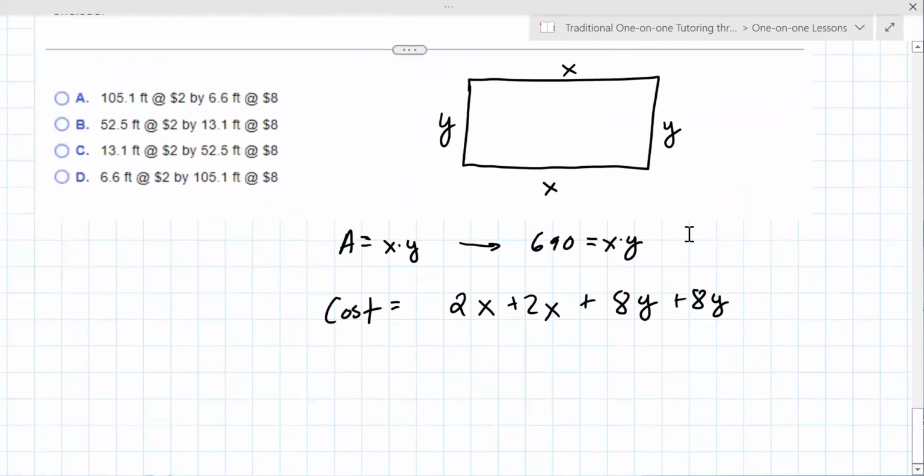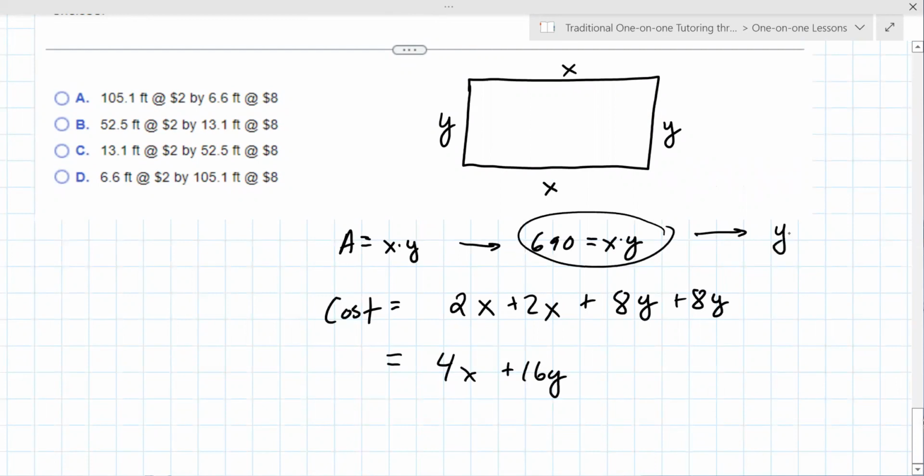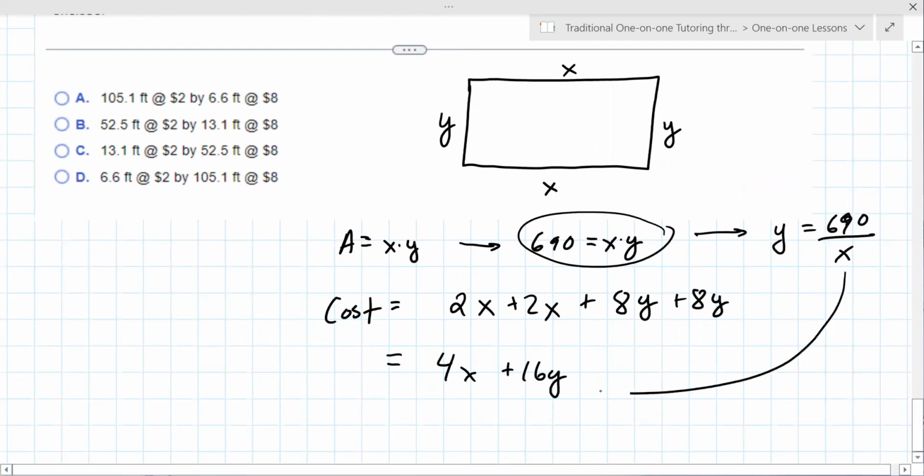Our problem here is that the cost function has both X and Y in it. And that's why this other equation is so valuable, because you can solve it for Y, for example. And you can substitute that in for Y, and then your cost equation is only defined in terms of X, which is what you want.